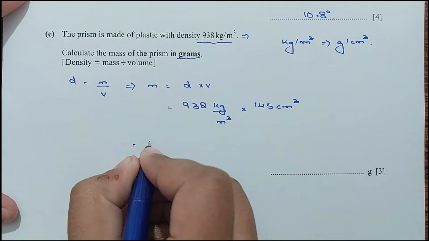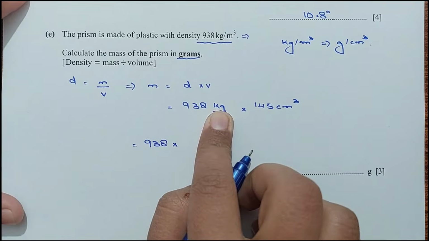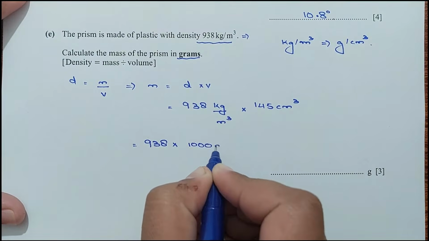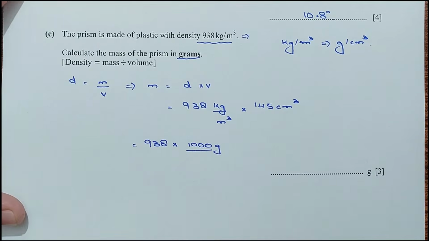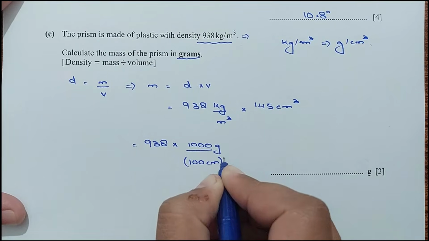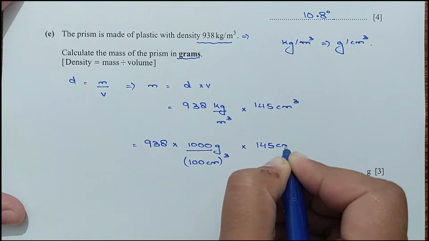So from here we can say 938 multiply 1 kilogram has 1000 grams, and 1 meter has 100 centimeter, so 100 centimeter cube times 145 centimeter cube.